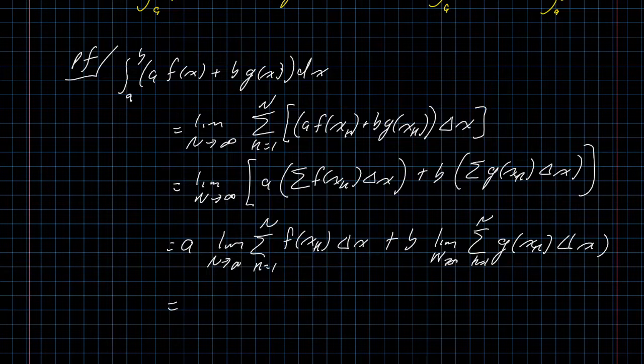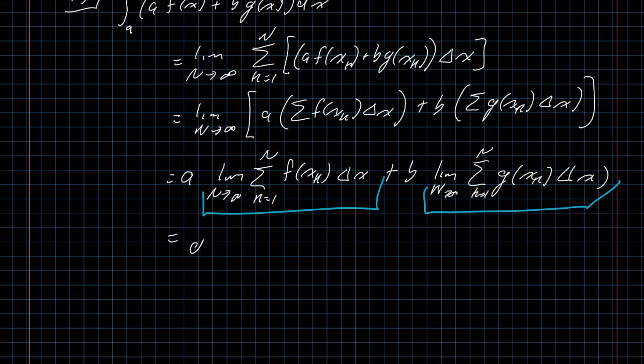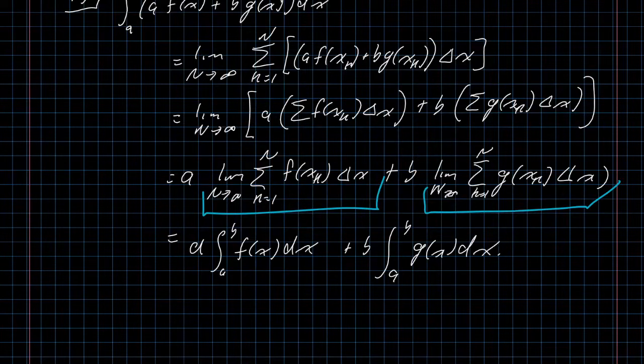The important thing is that the limit of the sum of that particular formation is in fact exactly what we mean by the integral from a to b of f of x dx, and exactly what we mean by the integral from a to b of g of x dx. And so if you have a couple of things being added together, you can break them into pieces like this.